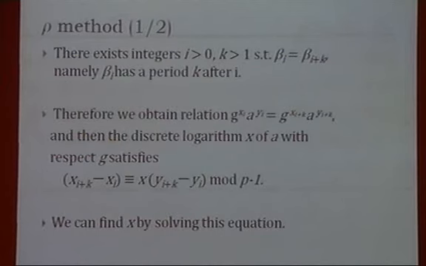Then once we find a collision, there are integers i and k which satisfy this. It means once we find the collision, there is a loop of collision again after applying it k times.